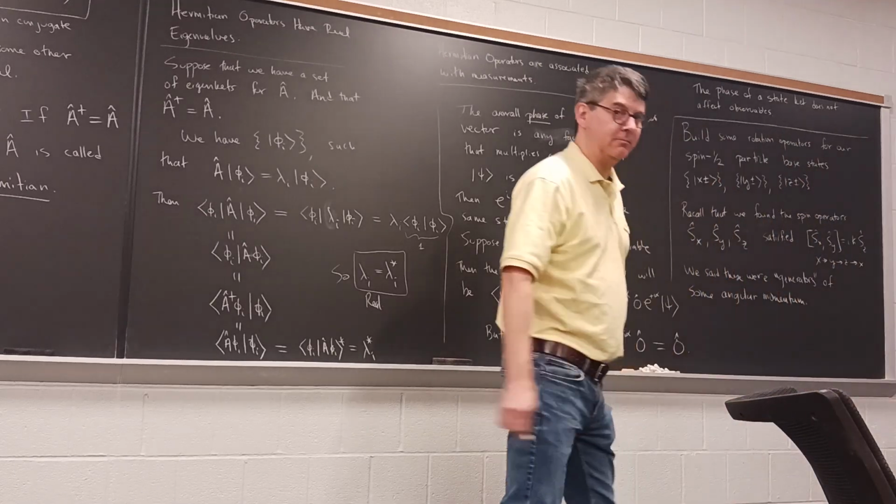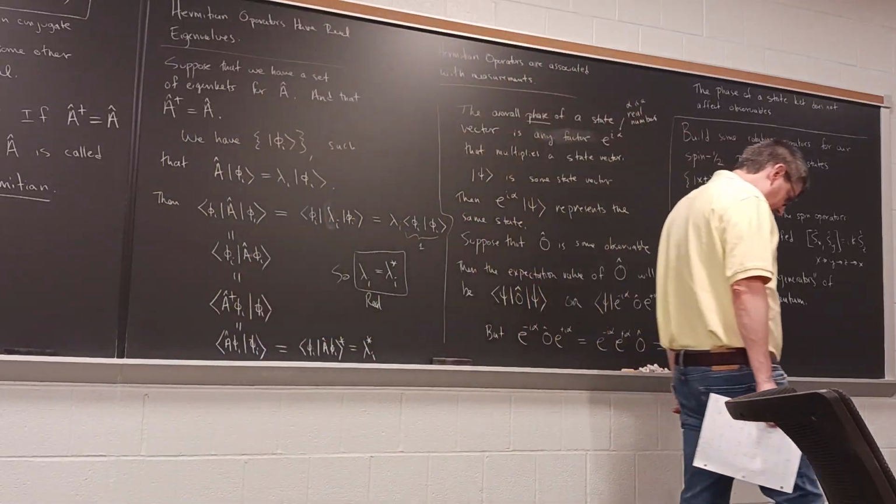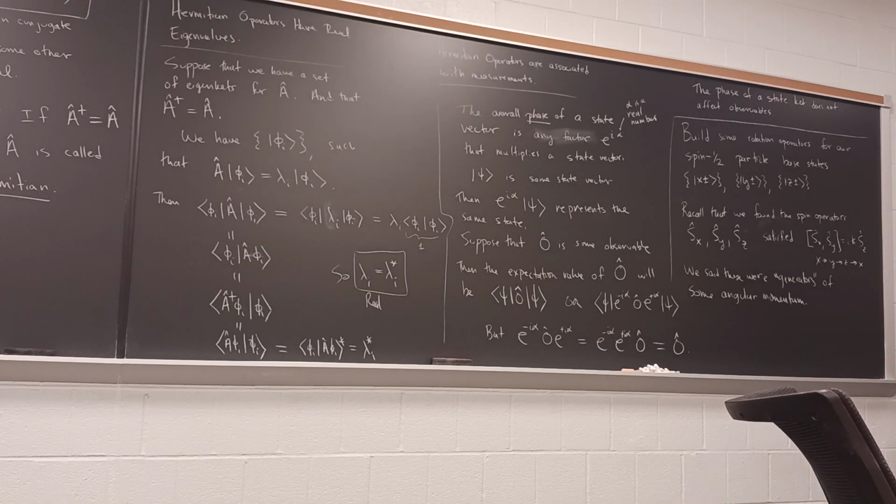Because if you study the angular momentum operators in 3-space, or just rotation in regular 3-space, you have the same set of generators. I'll show that in a little bit. So these are generators of some angular momentum, the spin angular momentum.